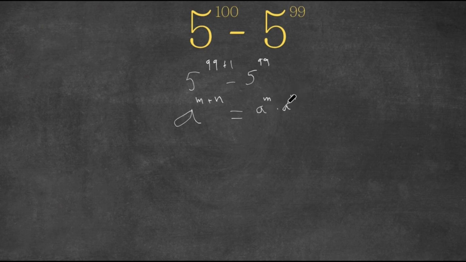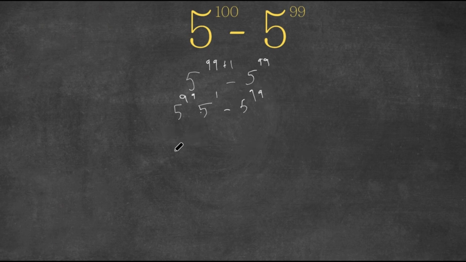Because remember, when we're multiplying exponents with the same bases, we add the exponents together and keep the base. And we're essentially reversing this when we're using it. So let's convert 5 to the power of 99 plus 1 into 5 to the power of 99 times 5 to the power of 1. And we're still subtracting 5 to the power of 99.